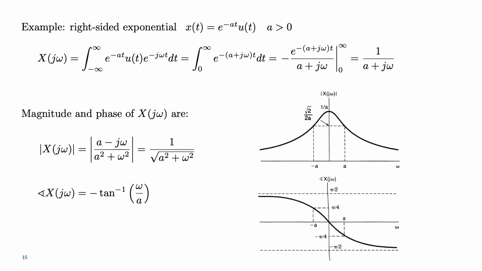Such a number has a phase of minus half pi. Conversely, when omega goes to minus infinity, I'll have a purely imaginary number with a positive imaginary part. That's why the phase goes to half pi for omega going to negative infinity. This way, I can already sketch the drawing you see on the slide at the bottom right.